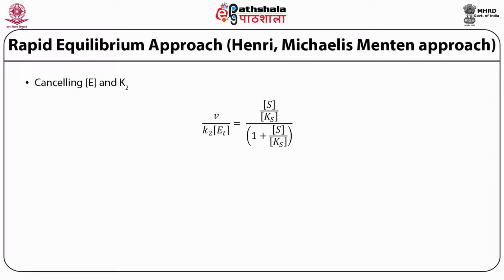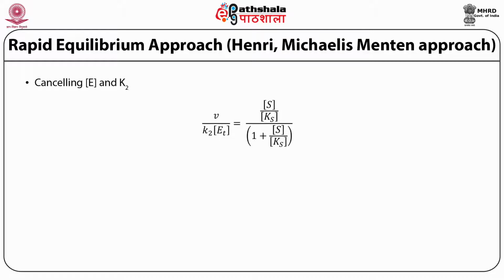If you cancel the free enzyme concentration and K2 on the right side, it becomes V upon K2 into ET is equal to substrate concentration divided by Ks divided by 1 plus substrate concentration upon Ks.